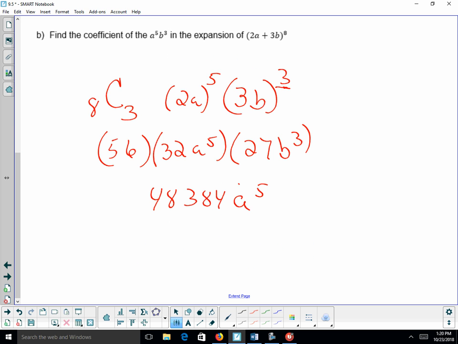So that is the term, but it just wants the coefficient, so my answer is just 48,384. Okay, I'm going to have to pause for a second, but I'll be back.